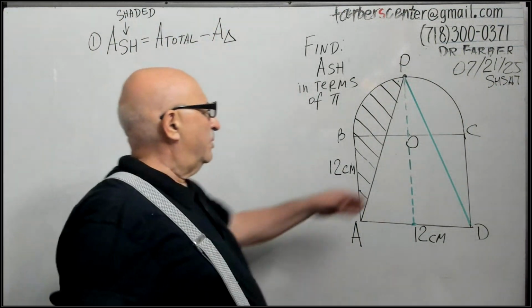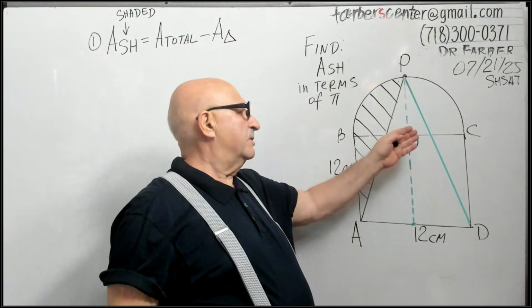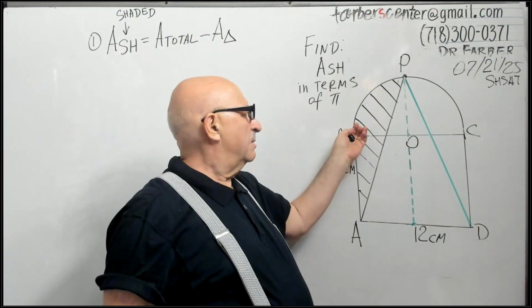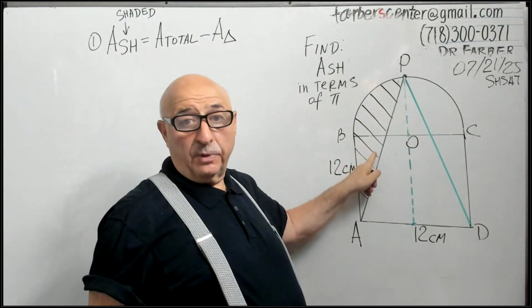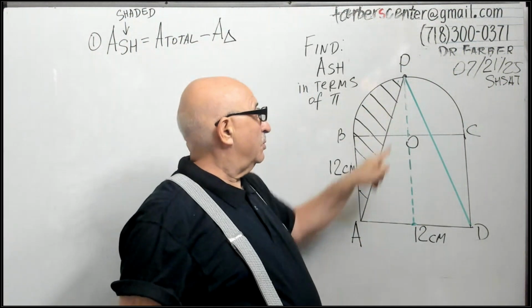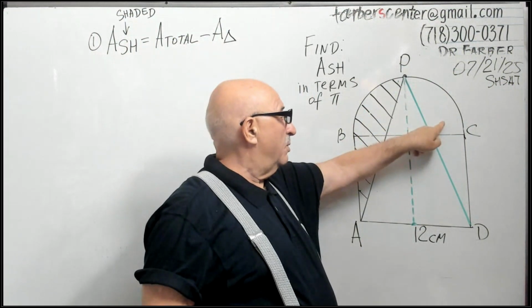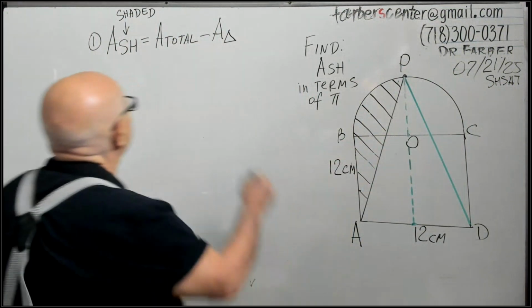We see we have two wings, left and right. But we need to find only one wing. If you subtract this triangle from the total, I have two wings, and divided by 2.